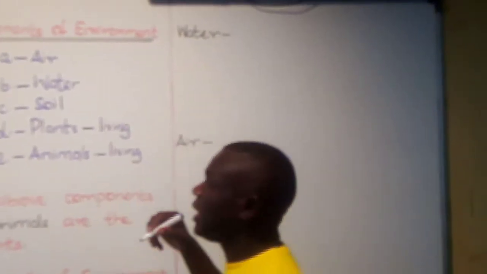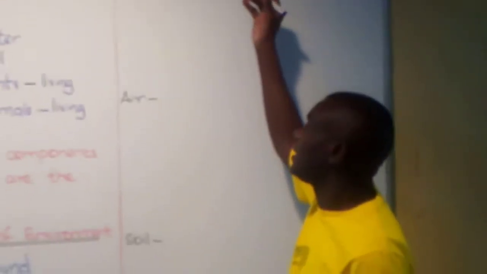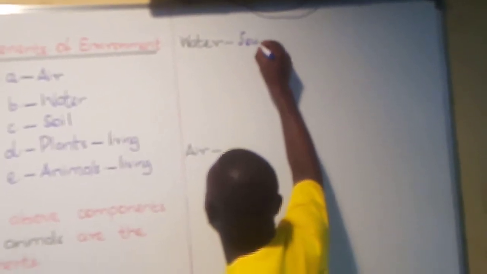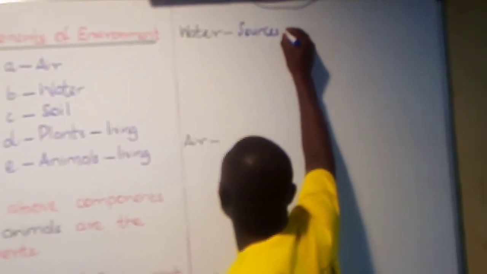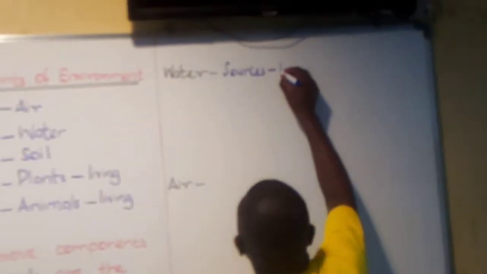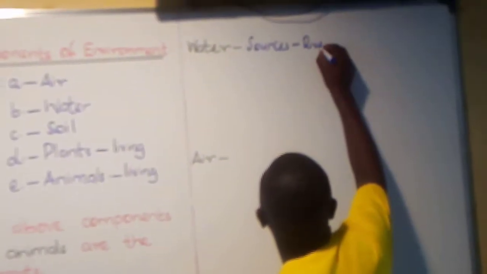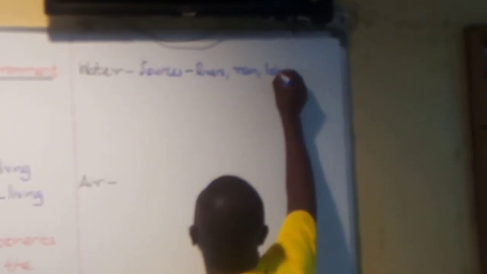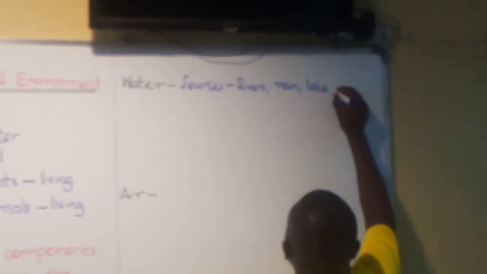Where do you get water? There are sources, and you can learn these in class 3. Sources of water. You can know the sources of water: the rivers, the rain, the lake, the oceans.